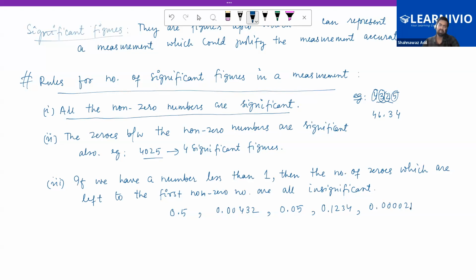For example, if I take this number, what is the first non-zero number that you are getting after the decimal? After the decimal, the zeros which are to the left of the first non-zero number are all insignificant, right?